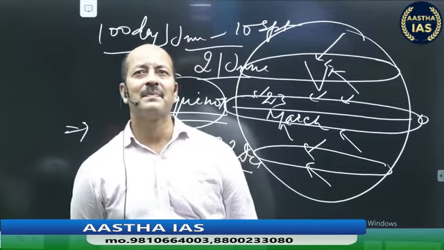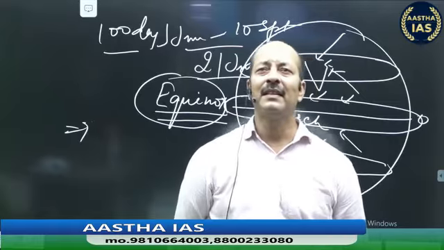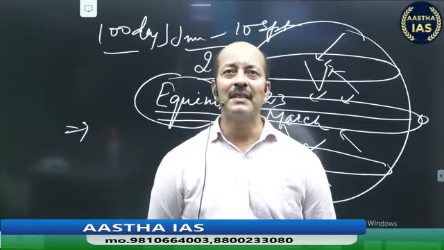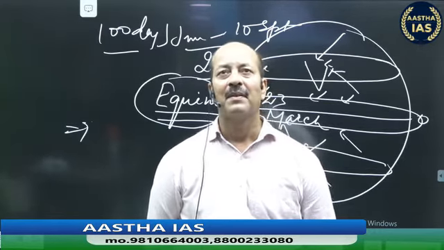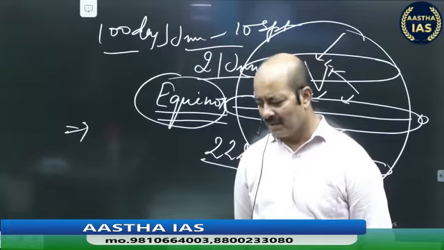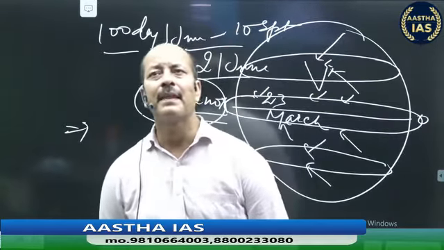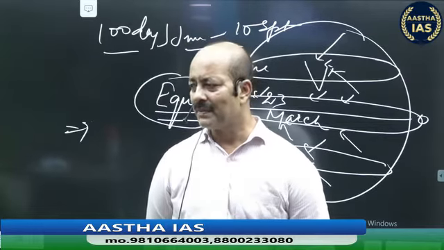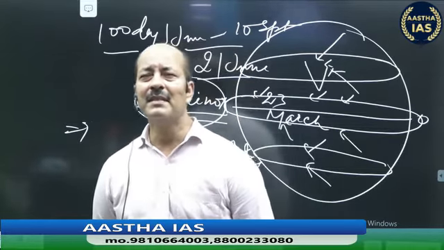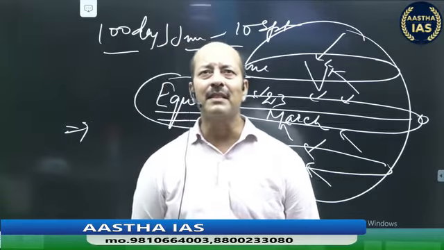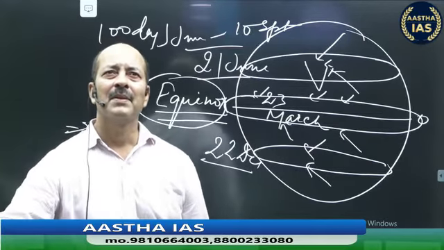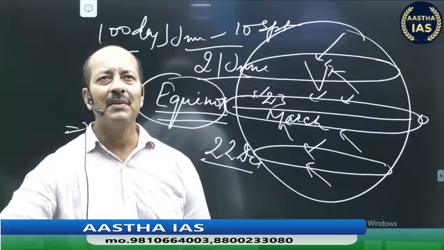During equinox, the sun remains vertical on the equator. The equator receives maximum temperature, so convergence takes place near the equator.